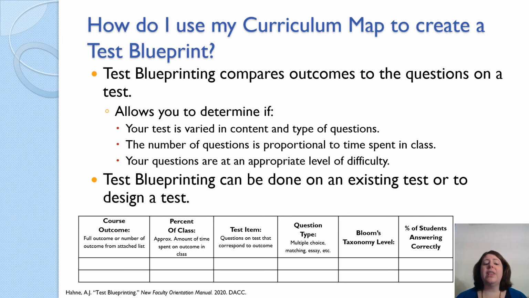And then at the end, after you've given that test, you could also list out the number of students that answered that correctly, and that'll show you maybe you need to rewrite your test or that particular question. So you can do a lot of things with this particular test blueprint.